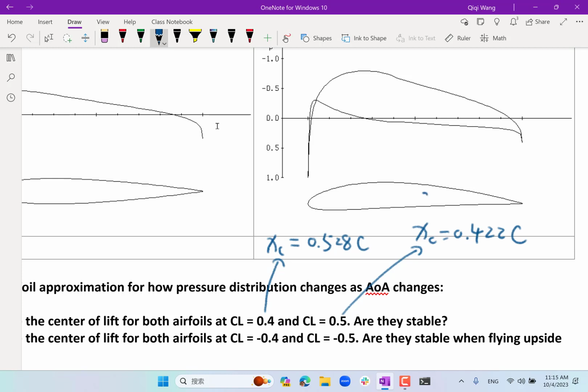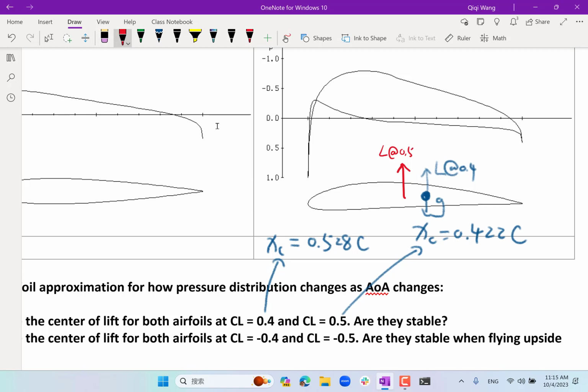This is the center of gravity, G. At 0.4, I get a lift at this point. Now at 0.5, the center of lift is shifted to here. So this is the lift at 0.5, and this is the lift at 0.4.